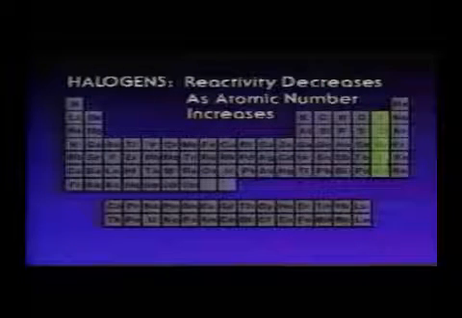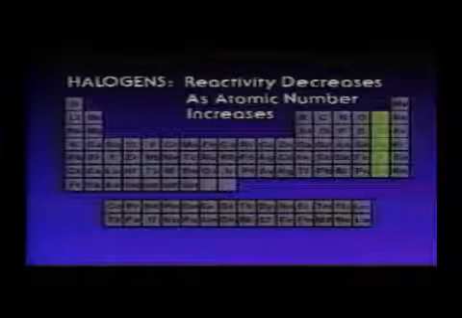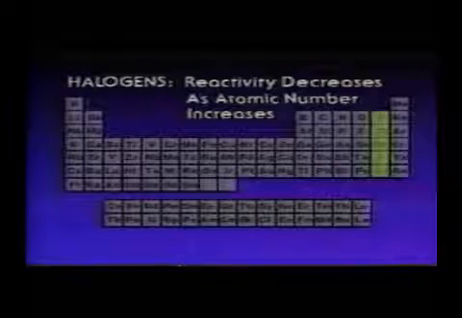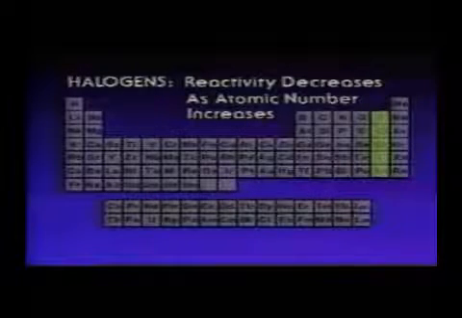Fluorine, with an atomic number of 9, is the most powerful and dangerous oxidizing agent of the group. Iodine, with an atomic number of 53, is one of the least reactive. Halogens are also corrosive in high concentrations because of their tendency to react with moisture to form acids. When mixed with water, for example, chlorine forms hydrochloric acid, which can cause permanent damage to body tissue and metals.